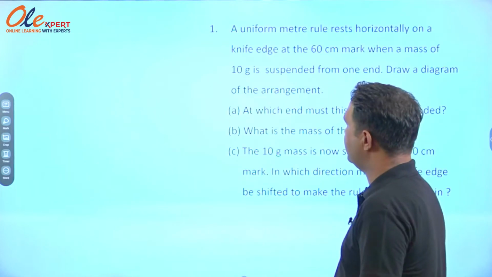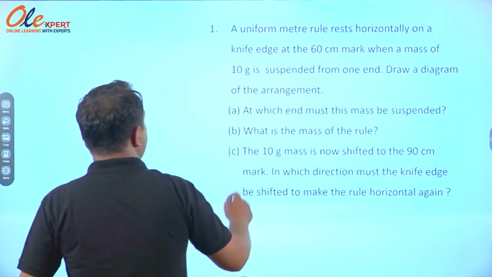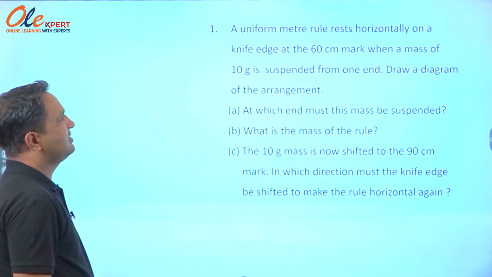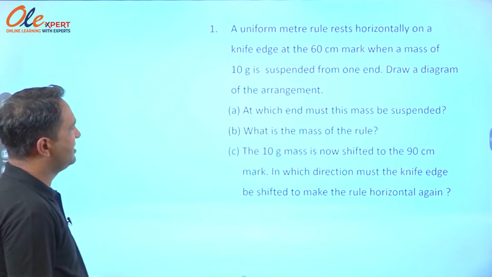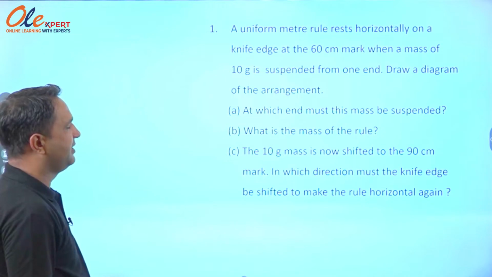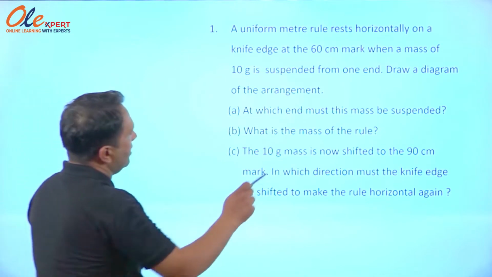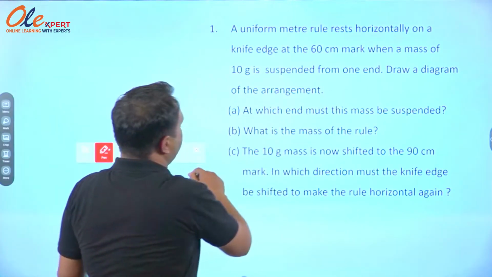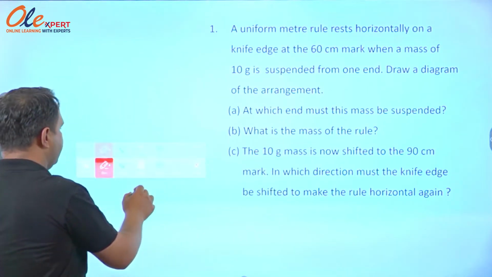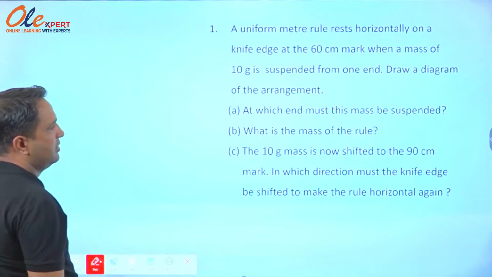The first question is, a uniform meter rule rests horizontally on a knife edge at the 60 centimeter mark, when a mass of 10 gram is suspended from one end. This is the situation.